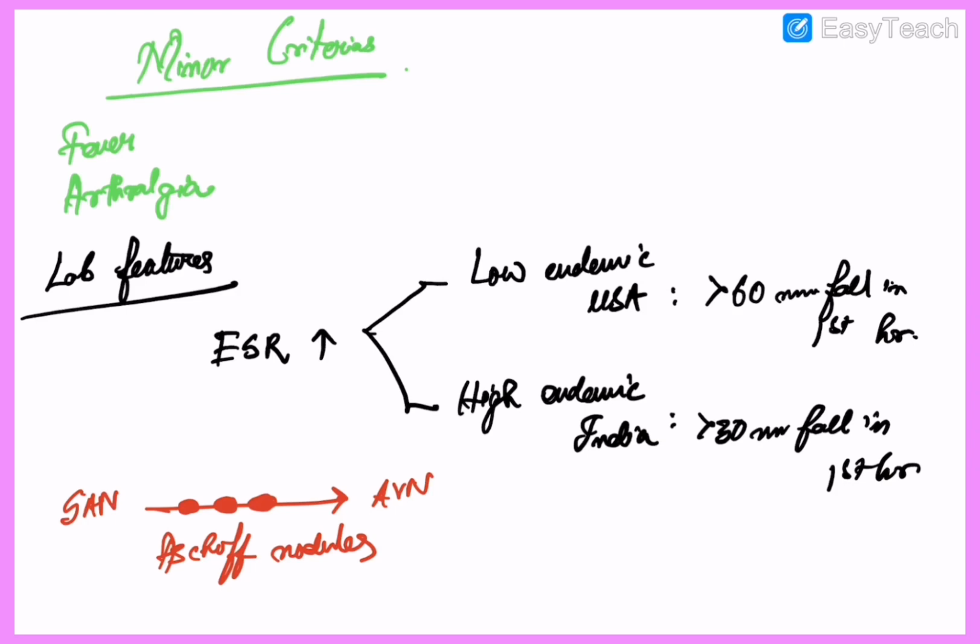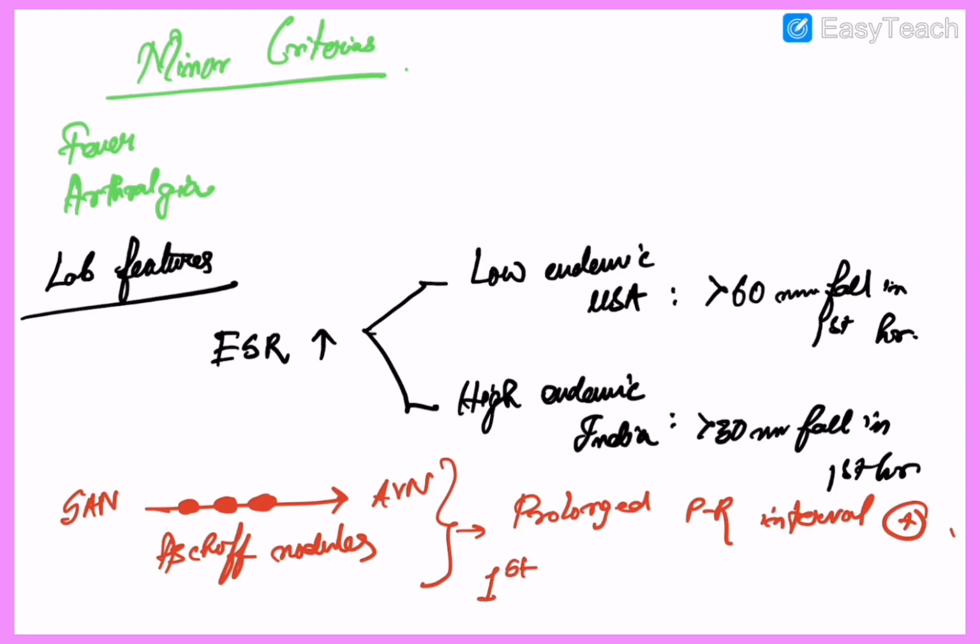As a result, a prolonged PR interval occurs, which is also known as first degree heart block. These are the Aschoff nodules.